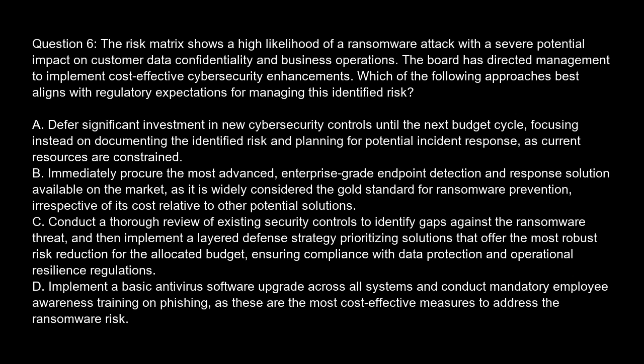Option C. Conduct a thorough review of existing security controls to identify gaps against the ransomware threat, and then implement a layered defense strategy, prioritizing solutions that offer the most robust risk reduction for the allocated budget, ensuring compliance with data protection and operational resilience regulations. Option D. Implement a basic antivirus software upgrade across all systems, and conduct mandatory employee awareness training on phishing, as these are the most cost-effective measures to address the ransomware risk.